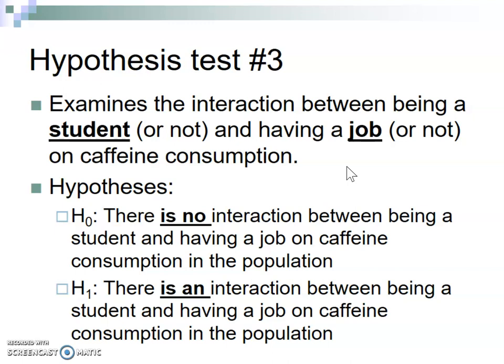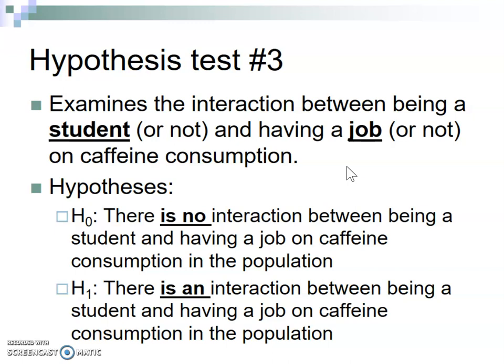And when we're stating our hypotheses for the interactions, you'll notice that these look a little bit different than the previous hypotheses. Basically, we're just going to be stating these hypotheses in words, whereby the null hypothesis is that there is no significant interaction between these 2 variables.